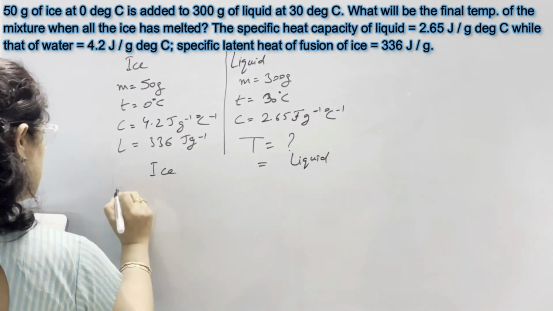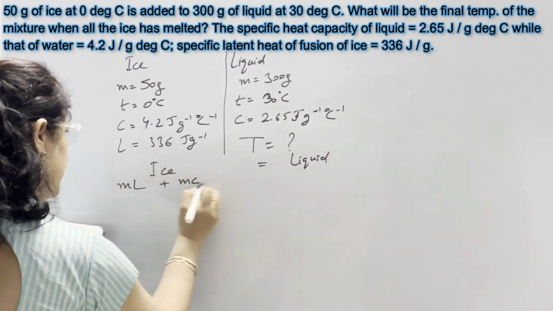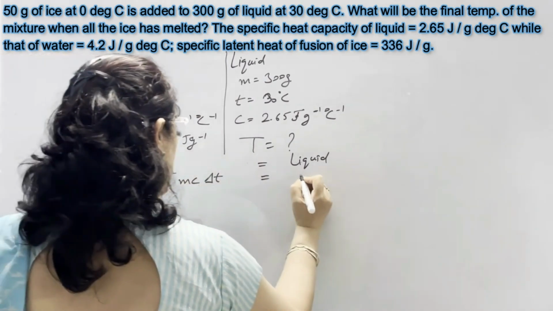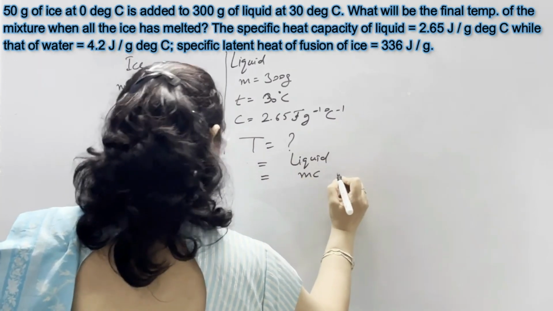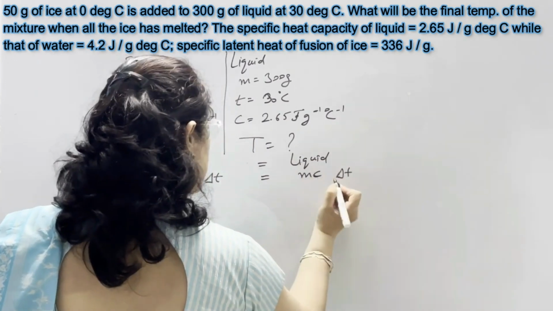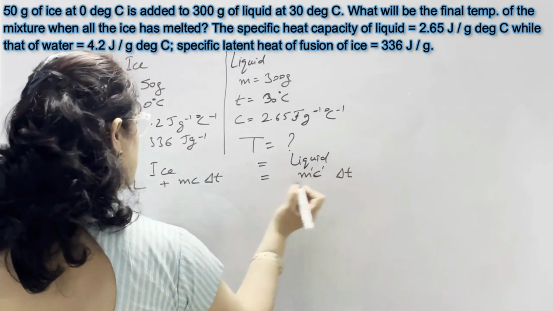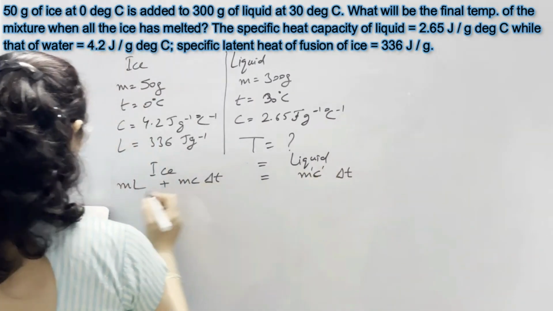So the heat given by ice is ml plus mc delta T, and for liquid it is mc delta T. To distinguish between them, we can take m dash, c dash symbols for liquid.